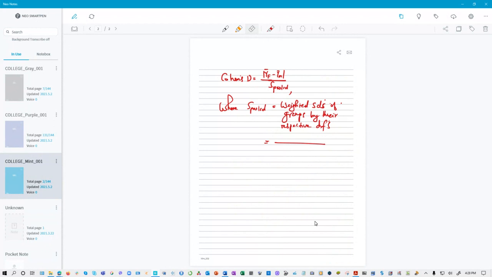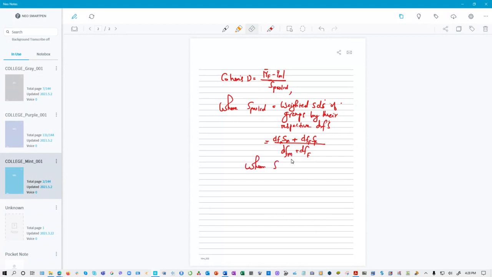That means you take S of male times degrees of freedom of male, plus S of female times degrees of freedom of female, divided by degrees of freedom of male plus degrees of freedom of female, weighted by the degrees of freedom of each group. Then just simply add.